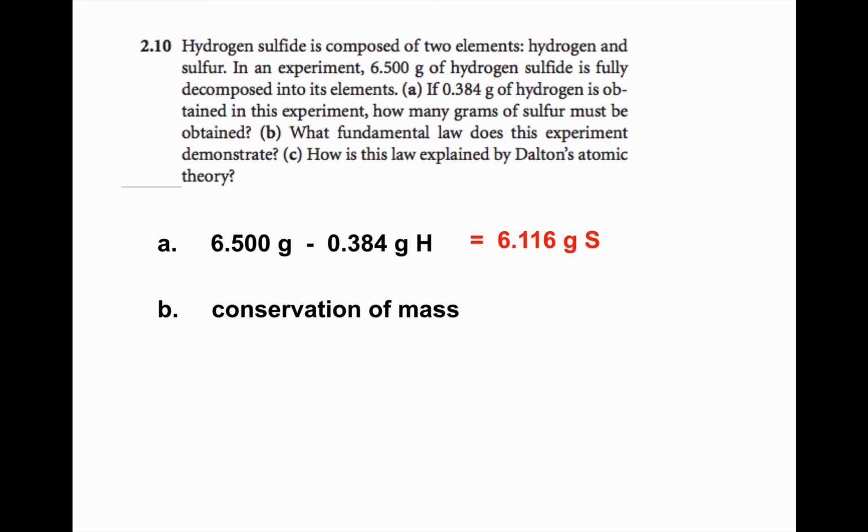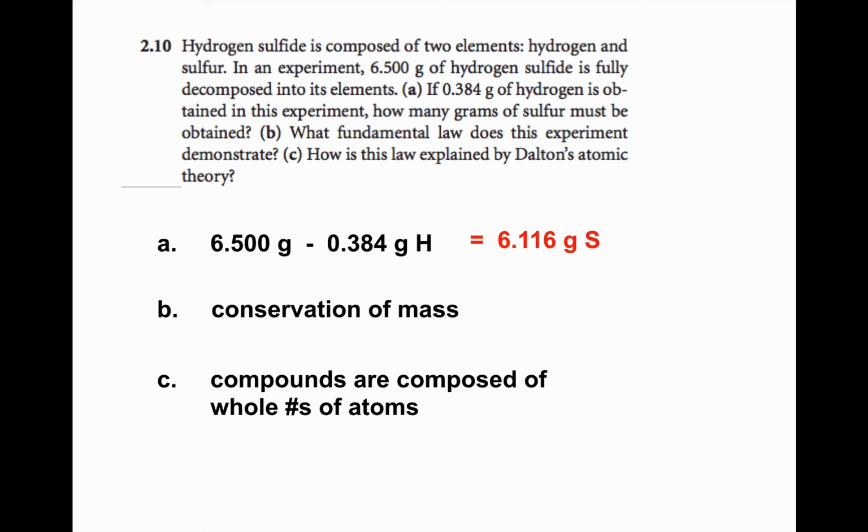So the masses always have to add up, because you're never losing atoms during the formation of a chemical compound. You're just putting these atoms together to form this new thing. So the law of conservation of mass says all the masses have to add up. Dalton said this is because what makes up compounds are atoms, which come as whole units.